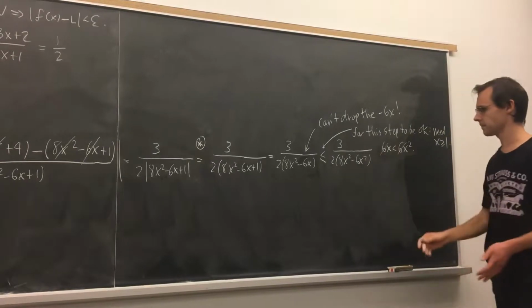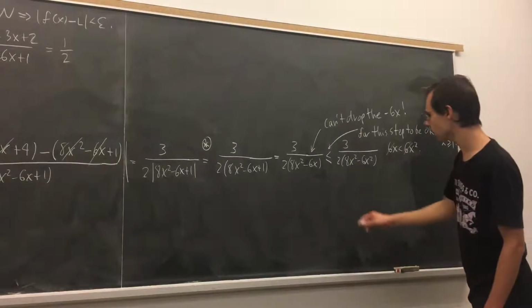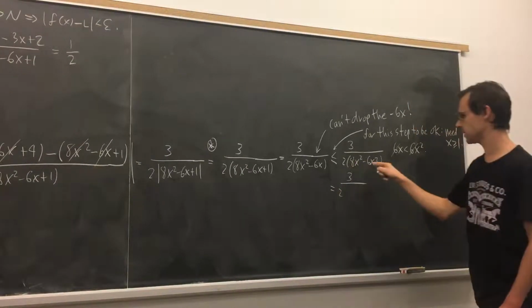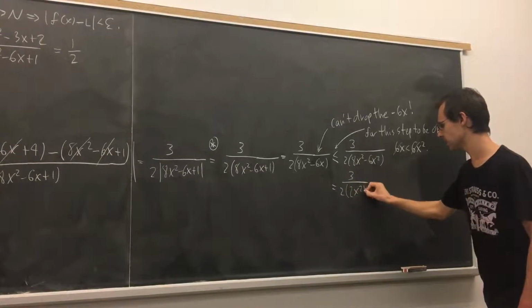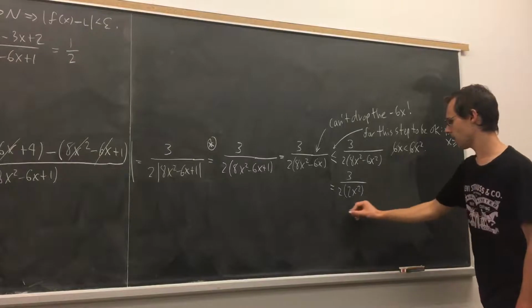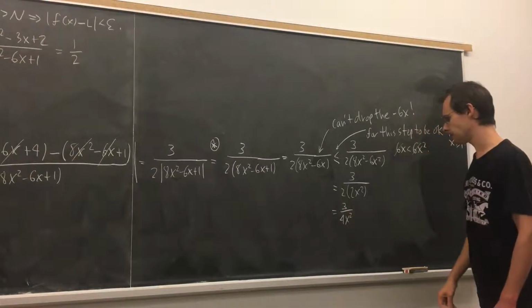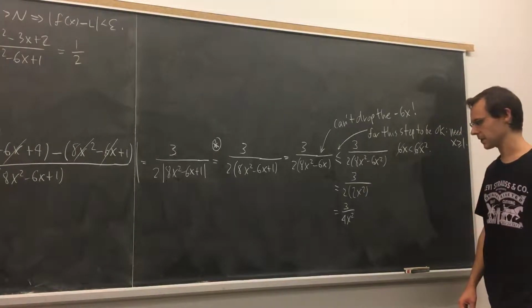So, anyway, we've replaced the 6x with 6x squared. Let's see what happens. This is equal to 3 over 2. Now these things nicely subtract away, and we get 2x squared inside here. Okay? And this is equal to 3 over 4x squared. Now, we can drop the 3 over 4, because why deal with it?